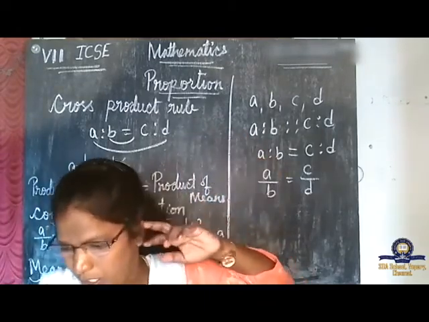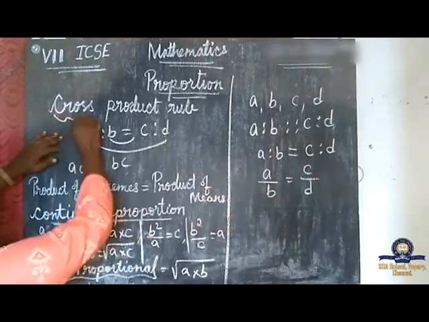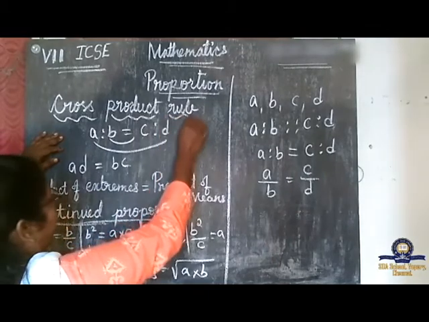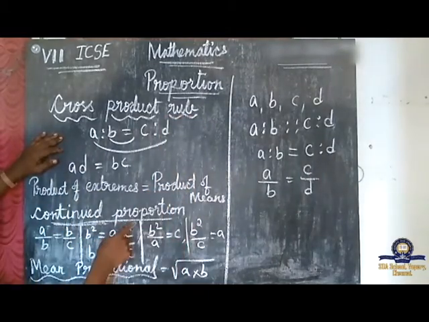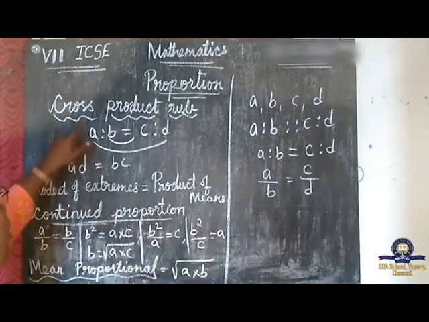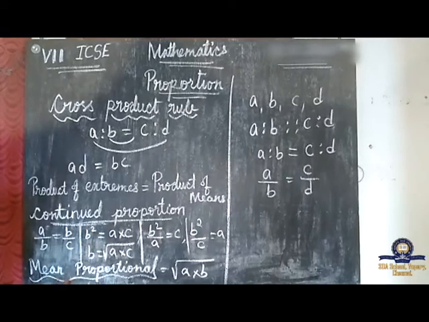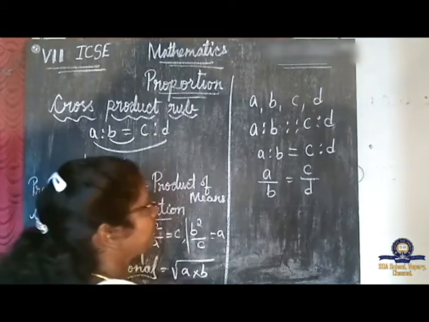Here mainly we are going to learn the cross product rule, continued proportion, and mean proportion. These three things we are going to learn here. Now listen.